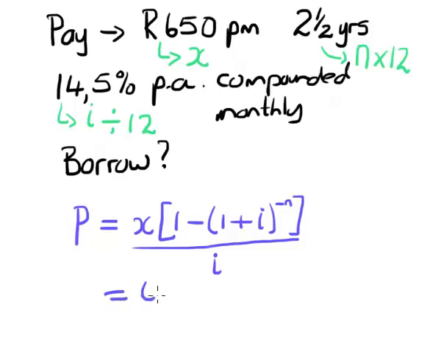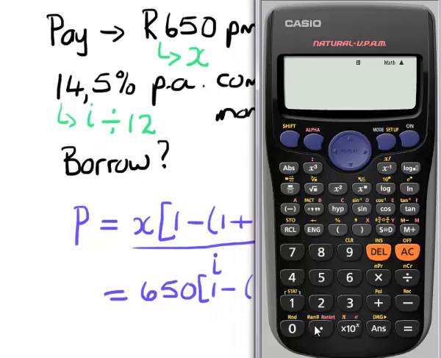So we're going to have 650 goes here, 1 minus 1 plus. Now, your i value over here, because you have to divide it by 12, chances are it's not going to go in an exact amount. Let's quickly check that. So if you go 0.145 and we divide that by 12, let's see what we get. Okay, there's a fraction.